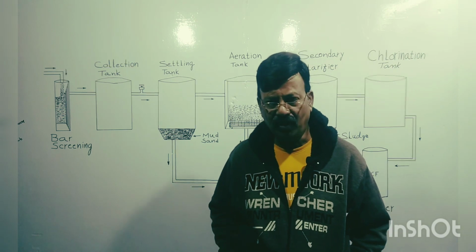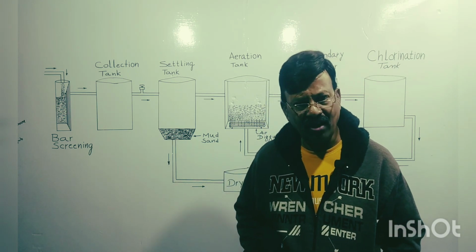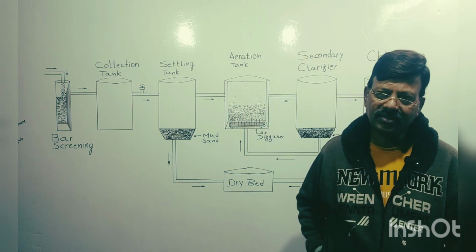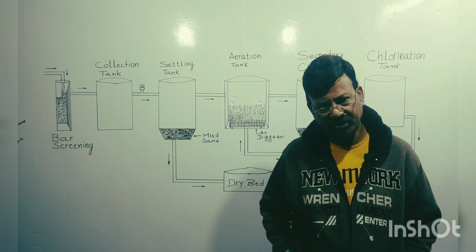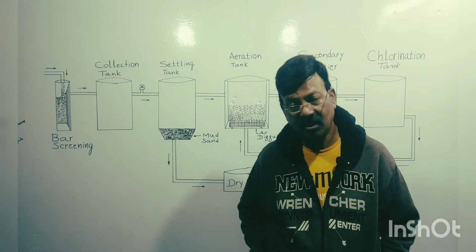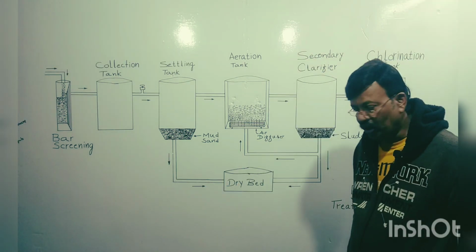If it is not possible, then what is the option we have? Then engineers thought of conversion of this organic matter into sludge. How does it happen? Let me tell you.